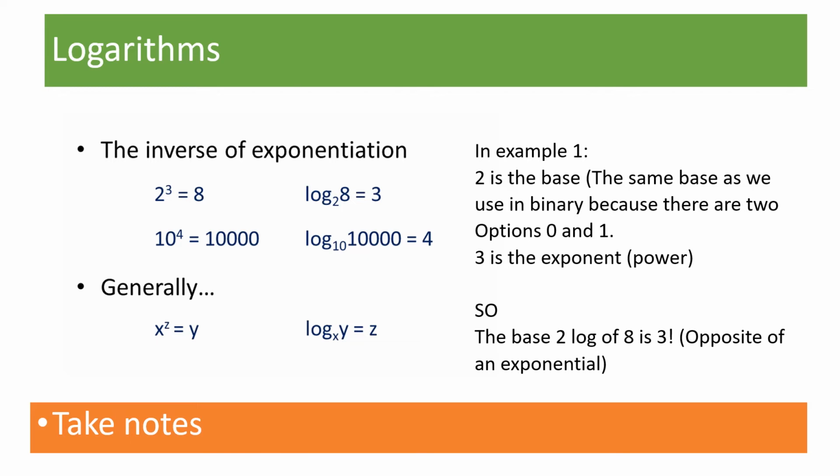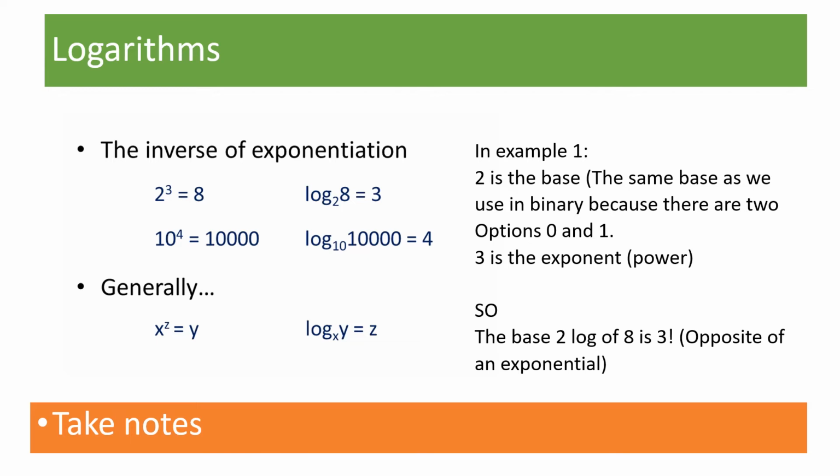That means that we have a base of 2. When we say to the power of 3, we have 3 bits. So 2 to the power of 3 is 8. That means there are 8 different options we can make. So think about this, 0 0 0, 0 0 1, 0 1 0, etc. all the way to 1 1 1. There are 8 different options there.